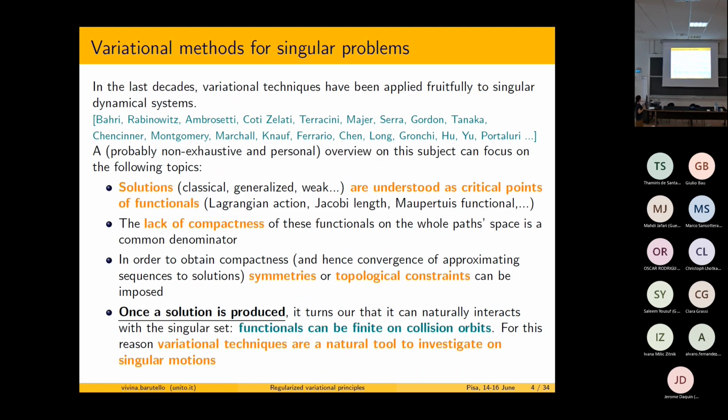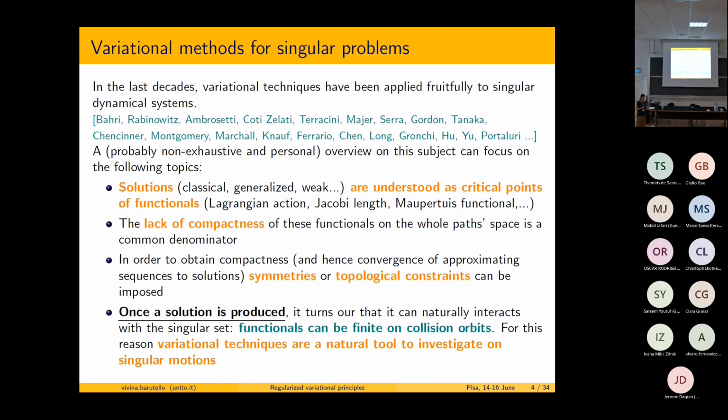And quite immediately it was clear that these techniques had a problem in their application to this kind of dynamical system, because there was a lack of compactness.